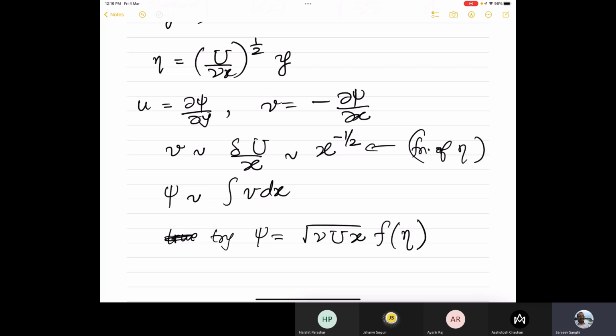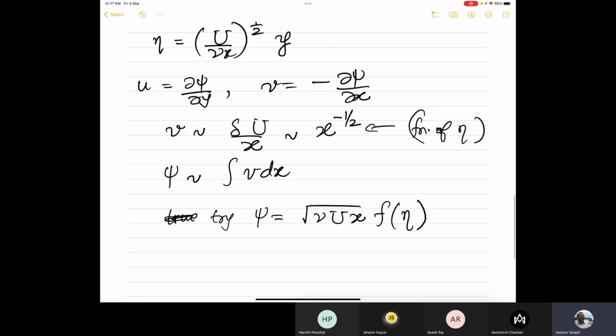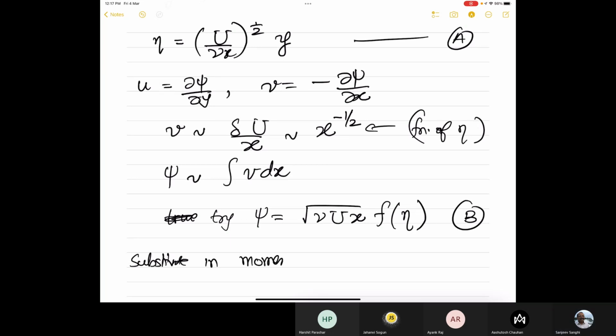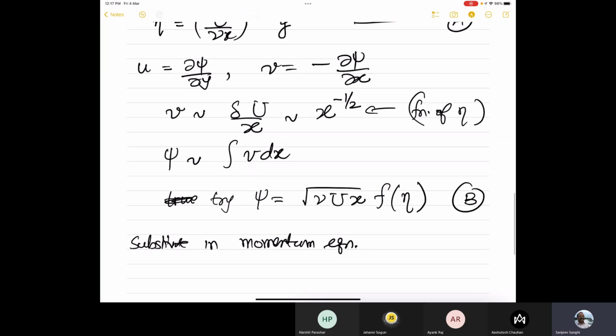So this is, in some sense, we would have got these from the equation, but we are starting by putting them in this way. So what we are doing is, we will put eta is equal to, this is the form for eta we will take, and for psi we will take this, and we substitute in the momentum equation.